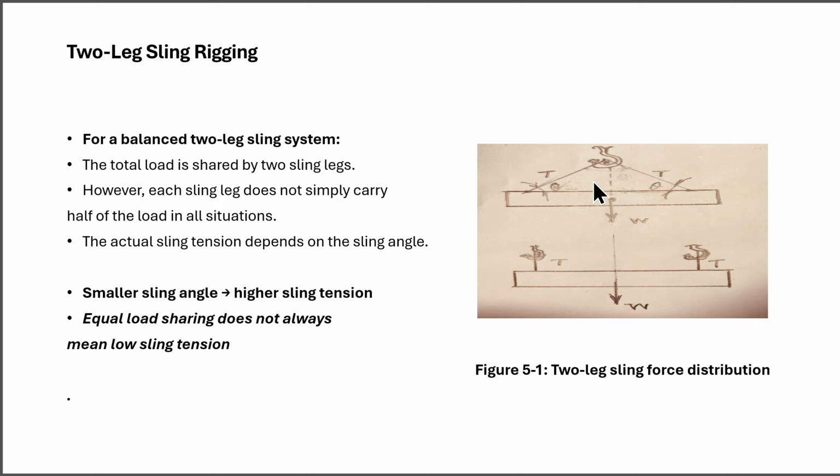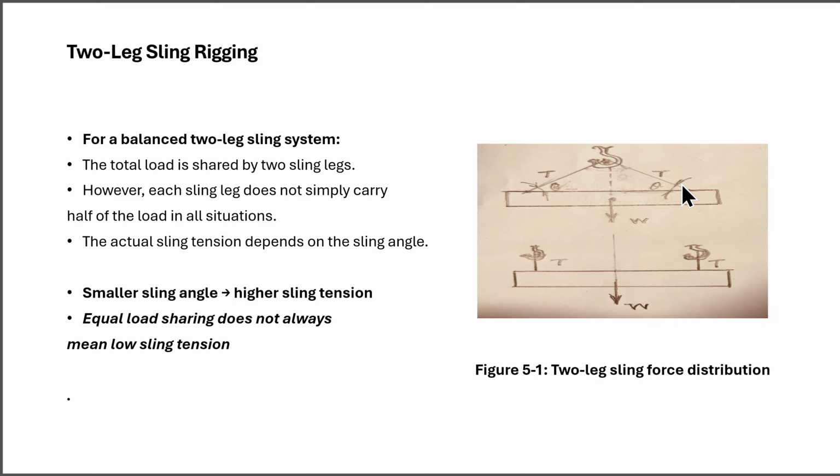In a 2-sling system, it is easy to assume that each sling leg simply carries half of the load. However, this is only true for the vertical load component in the balanced system.